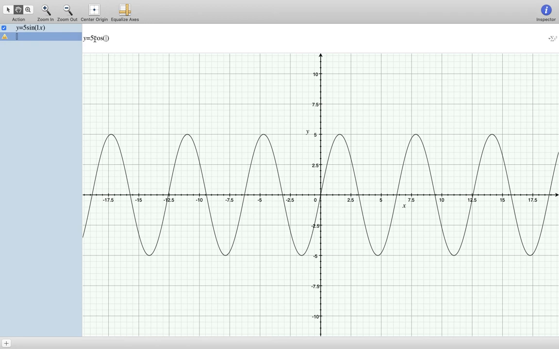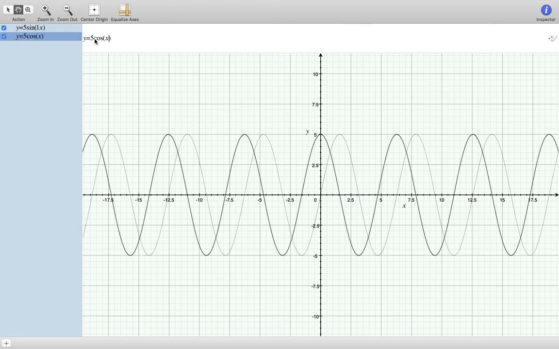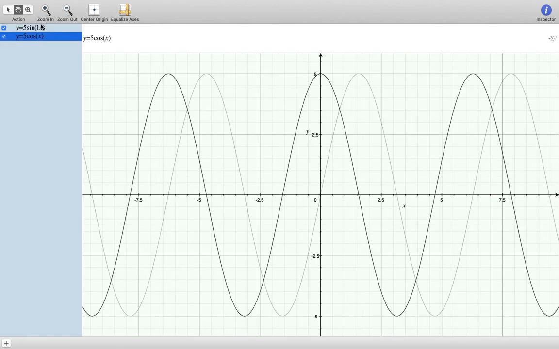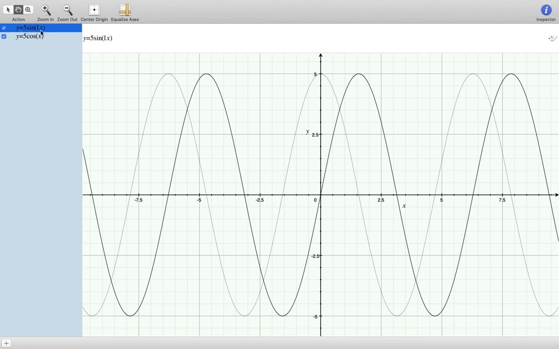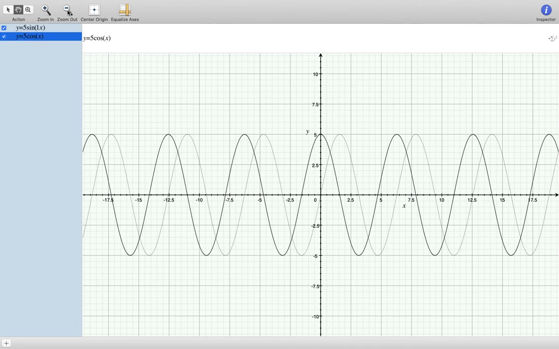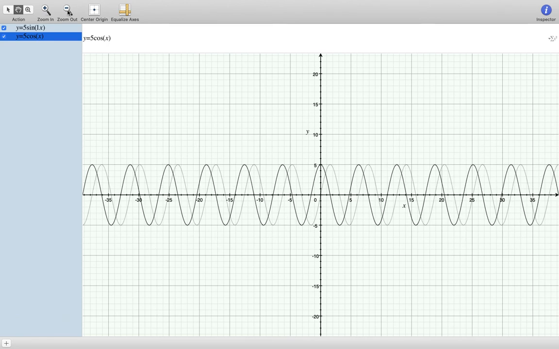Alright. 5 cosine x. So you see, like I mentioned in yesterday's video, a sine wave and cosine wave are just phase shifted 90 degrees. I guess so. That is it.